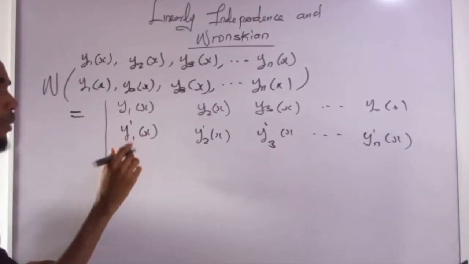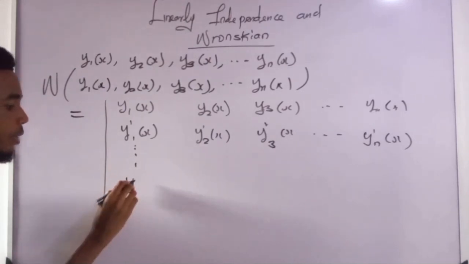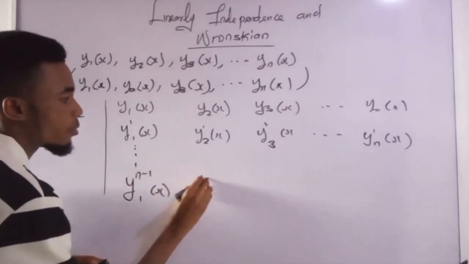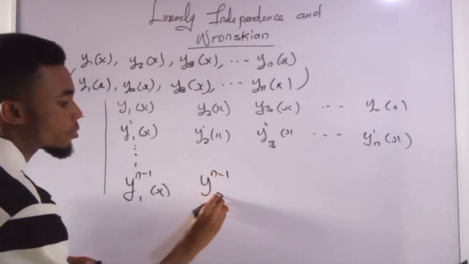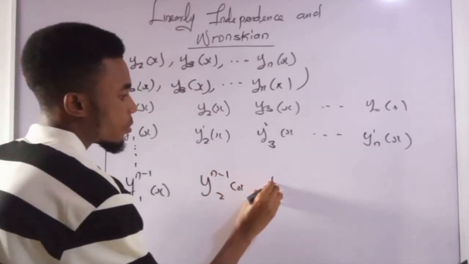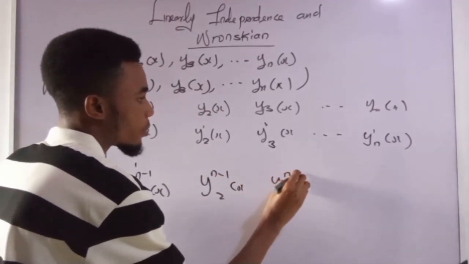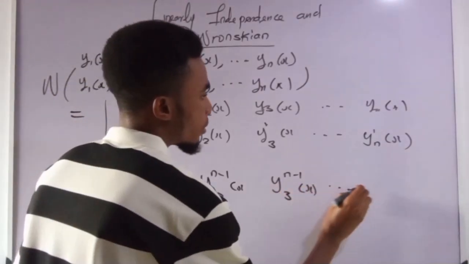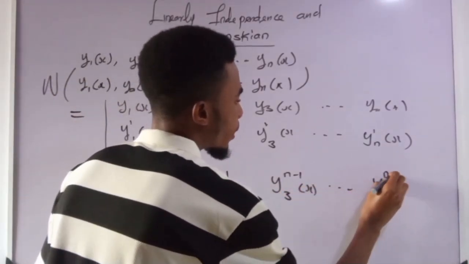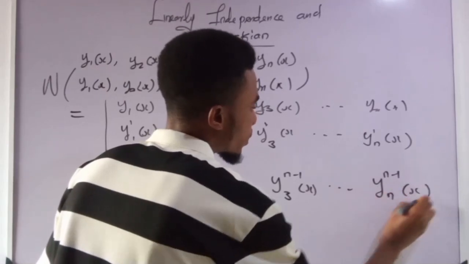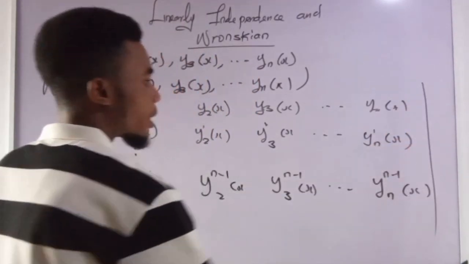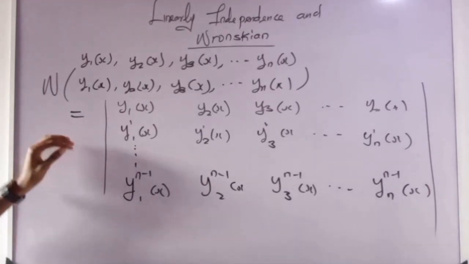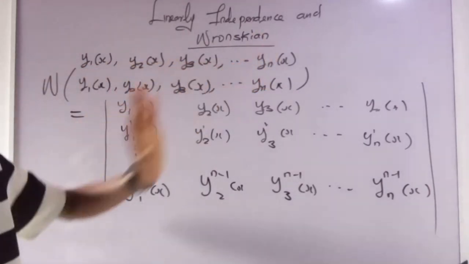We will continue this matrix down to y1 of n minus 1 of x, y2 of n minus 1 of x, y3 of n minus 1 of x, down to yn of n minus 1 of x. So this determinant matrix is giving us the Wronskian of this set of functions.